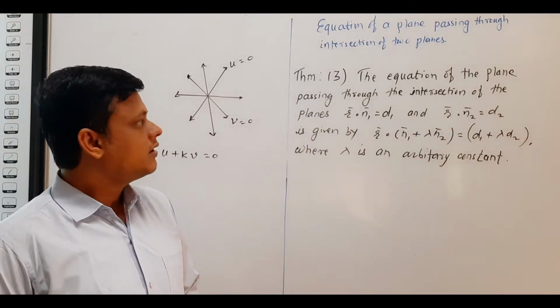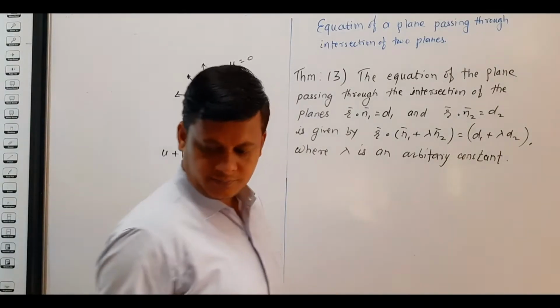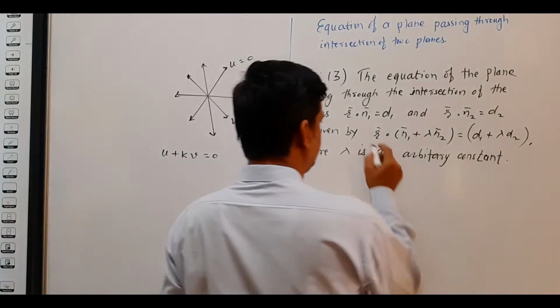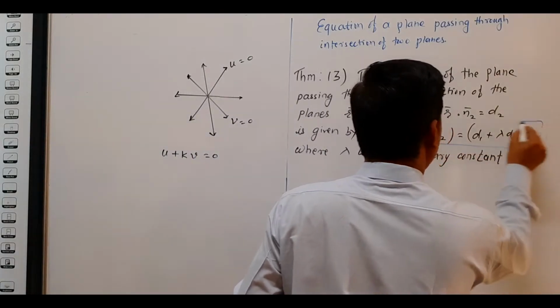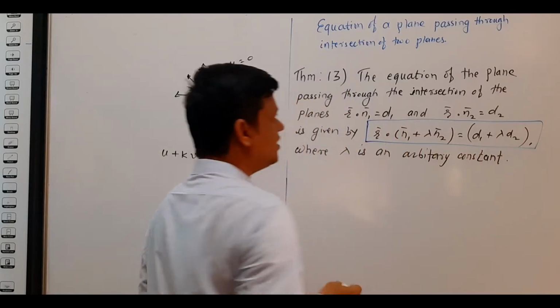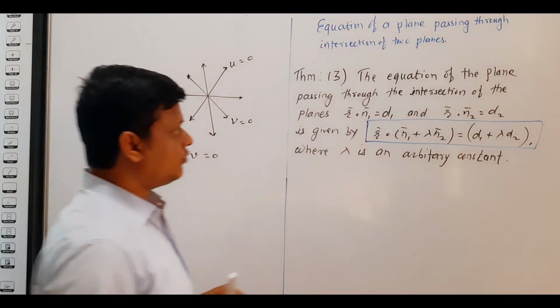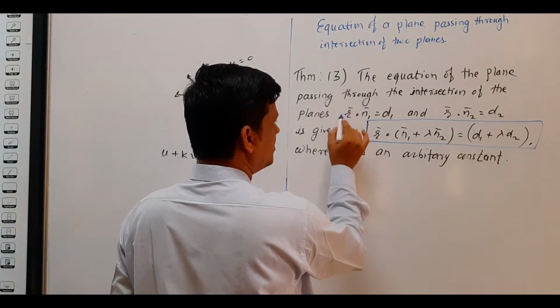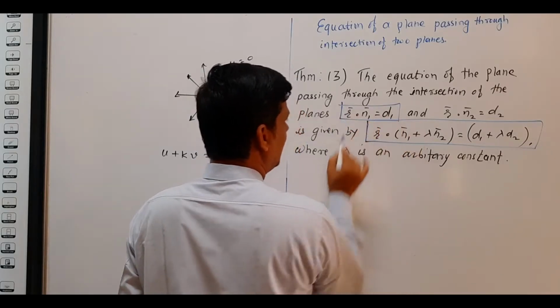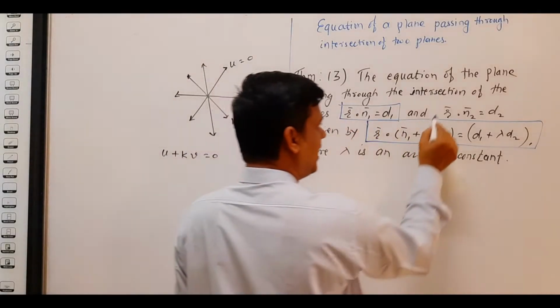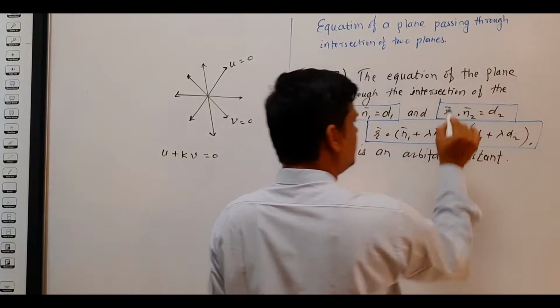That means here this equation is the equation of plane passing through the intersection of these two planes, r bar dot n1 bar equals to d1 and r bar dot n2 bar is equal to d2.